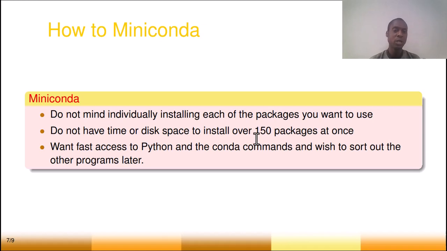When you talk about speed, Miniconda is faster than Anaconda, because Anaconda contains an interface and over 150 data science tools, which Miniconda does not have. Because of that, you can choose to use Miniconda over Anaconda.